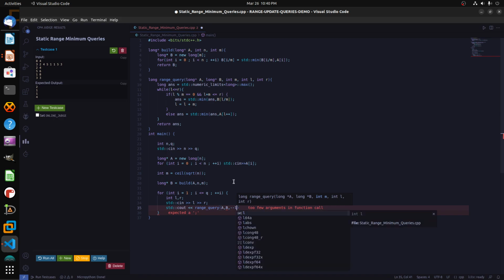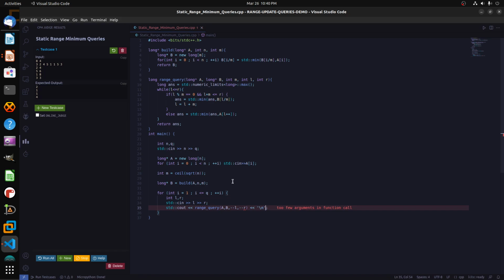You have to subtract 1 here because in the problem the left and right boundaries are 1-based indices. Okay, too few arguments. We still have one here. I think M, yes, the size of the array blocks.